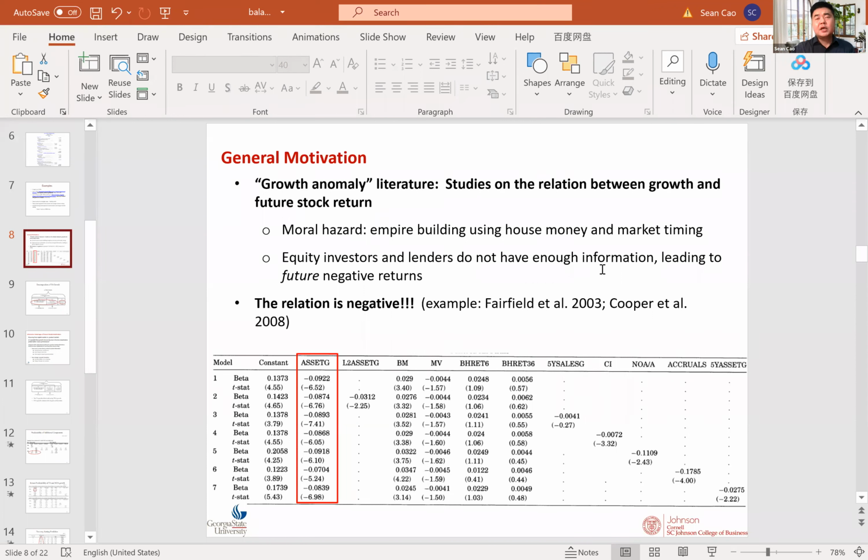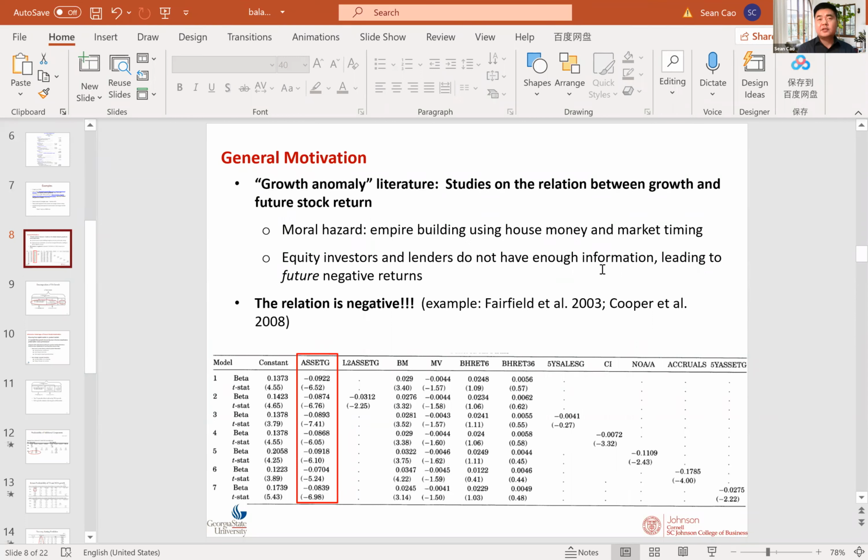The problem is the following. Investors give the money to managers, and the managers use other people's money to expand their own resources. This is problem one. Problem two, the investors cannot exactly evaluate the manager's action because of the information asymmetry.